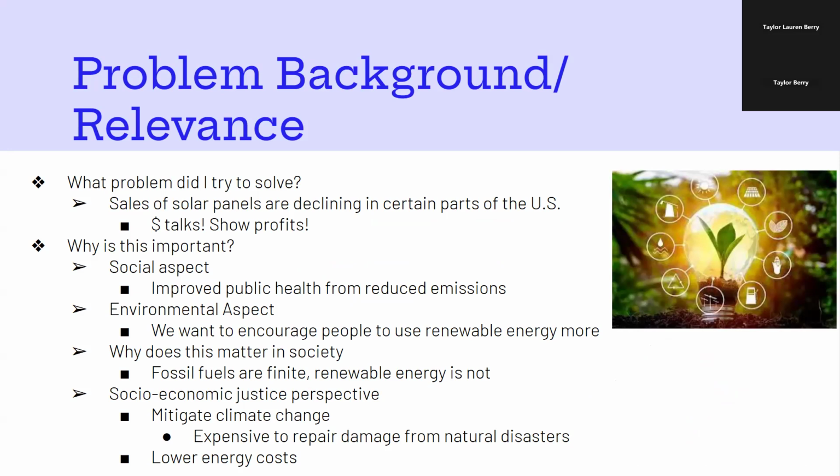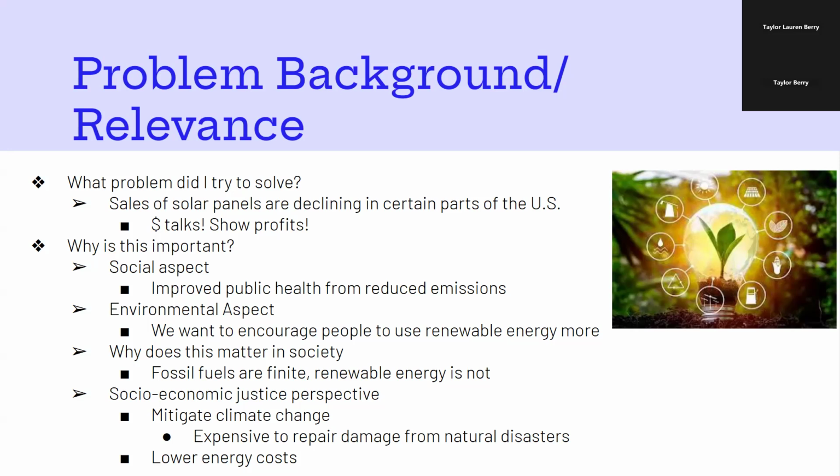I did a little research and noticed that sales of solar panels are declining in certain parts of the US. So I decided to do a units versus profits problem, especially because money talks. We want to see the profits. How many units do we need to maximize our profits?